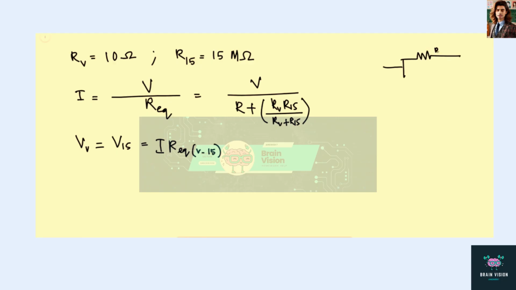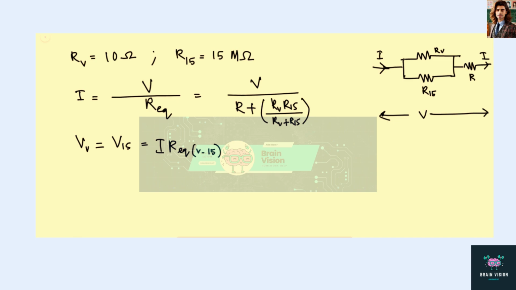So this is RV and this is R15, and these two are in parallel and they are then in series with R. So the current flowing is I, which we already calculated, and V is the potential difference across these two points.